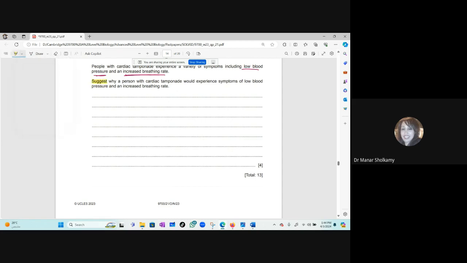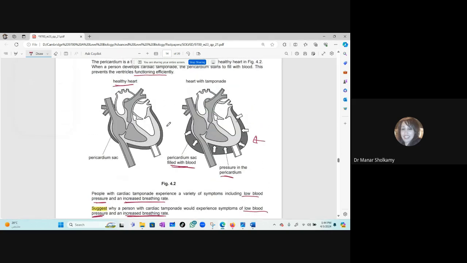They give you information and they want you to think based on the information provided. Now, they gave you some information and they want you to know why this patient would experience symptoms of low blood pressure and increased breathing rate. Can someone think a little bit? Low blood pressure because most of the blood is in the heart, not in the blood vessels.